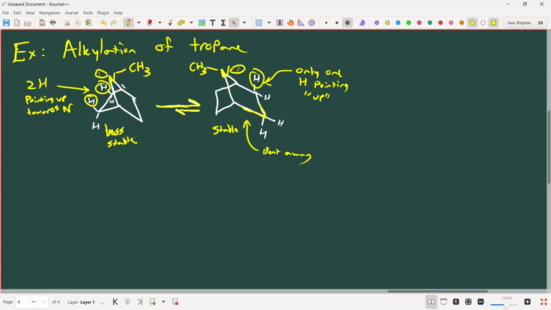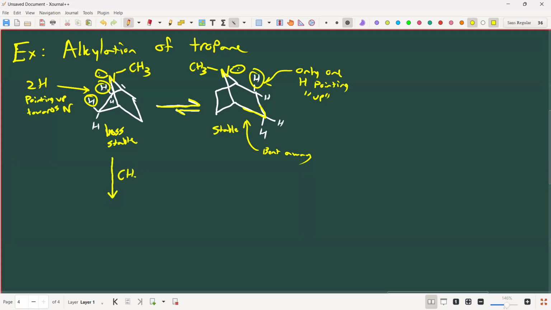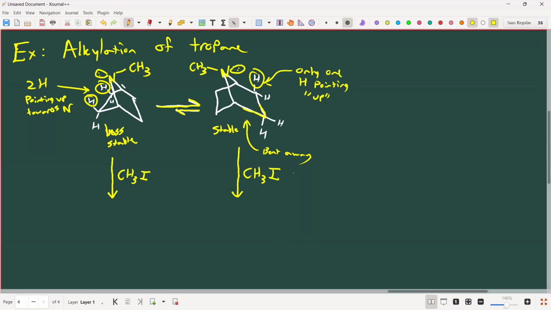Okay, well, I can react these with methyl iodide to attack that lone pair. So we use CH3I. Methyl iodide again kind of looks like CH3 plus and I minus, assuming you're in polar solvent, but the idea is that it's a positively charged methyl group, and that methyl group attacks the lone pair.